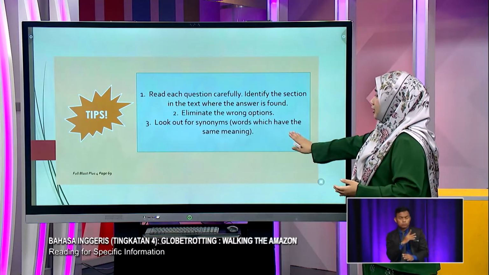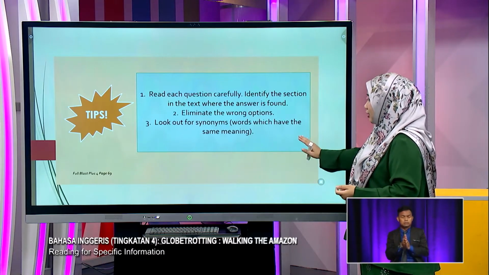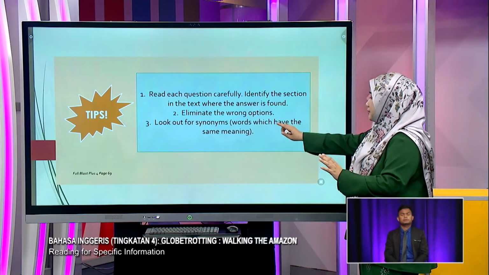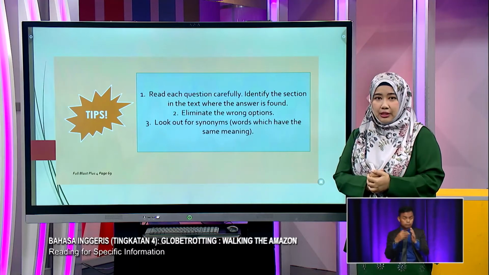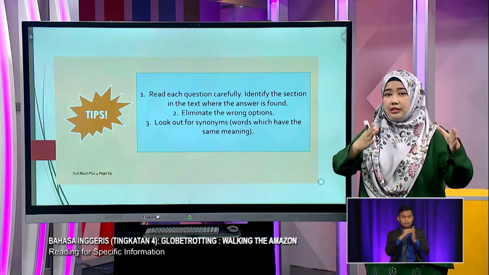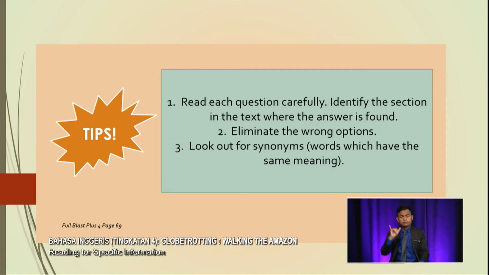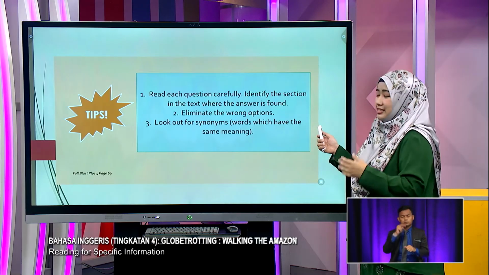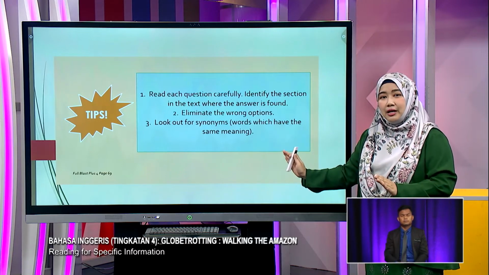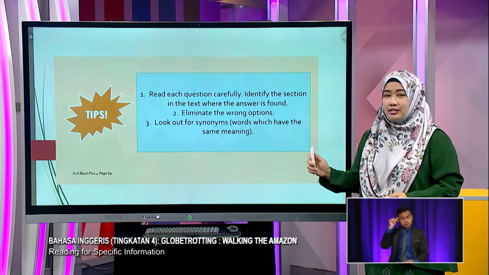And then, third would be for you to look out for synonyms. Synonyms are words which have the same meaning because, sometimes in the text, the words may appear differently in the questions. So synonyms might give you a clue to where the answer is. Okay, so that's the tips. Keep these tips in mind when we want to do the task.